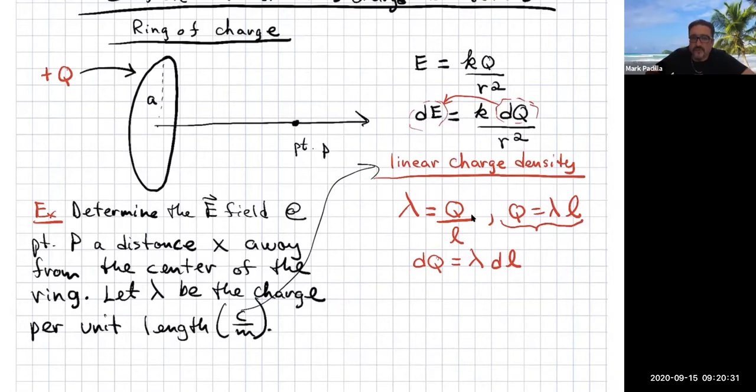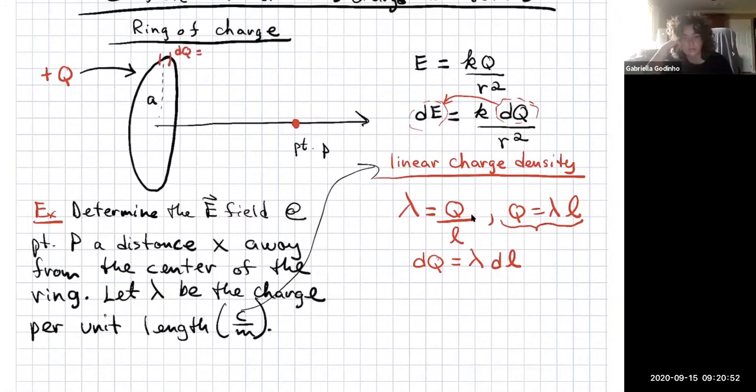In order to figure out what the E field is right here at point P, I'm going to break that ring into small little pieces of that whole Q. I'm going to take a small little piece here and call that dq, and that's equal to lambda dl.